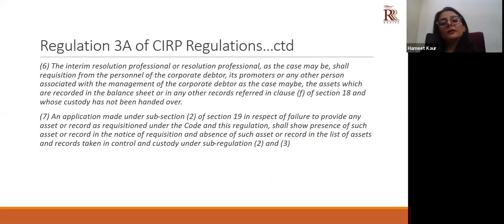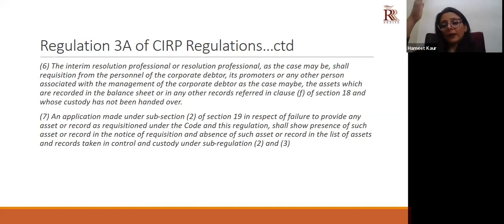An application made under 19.2 in respect of failure to provide any asset or record as requisitioned under the code and this regulation shall show presence of such asset or record in the notice of requisition and absence of such asset or record in the list of assets and record taken over by the IRP or RP under subregulation 2 and 3.